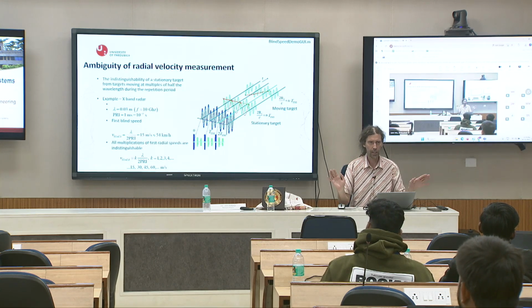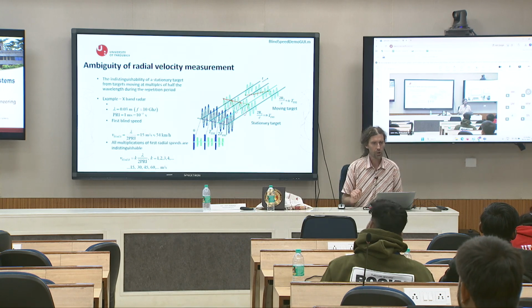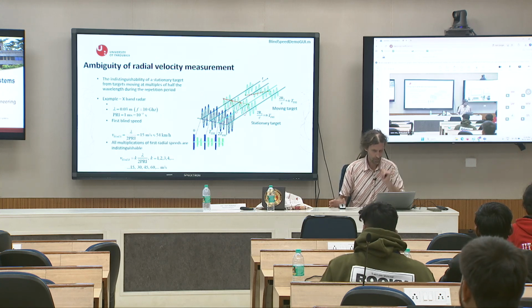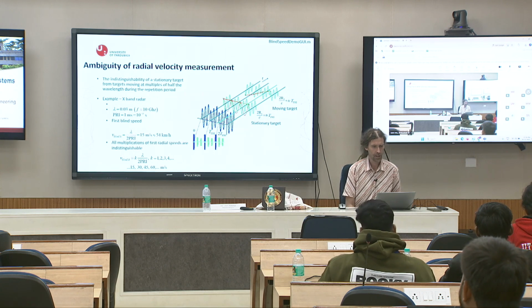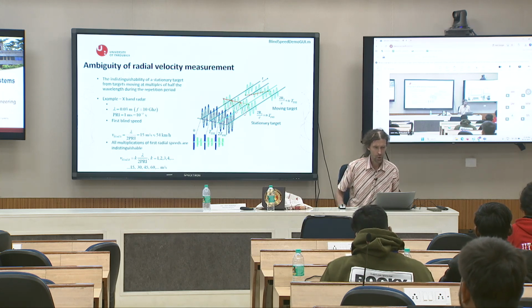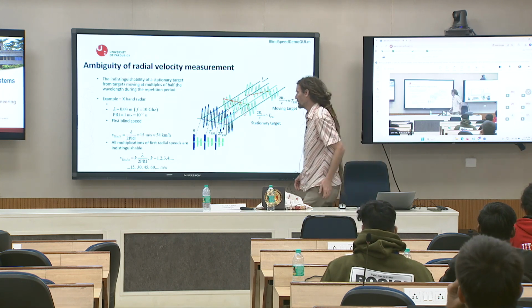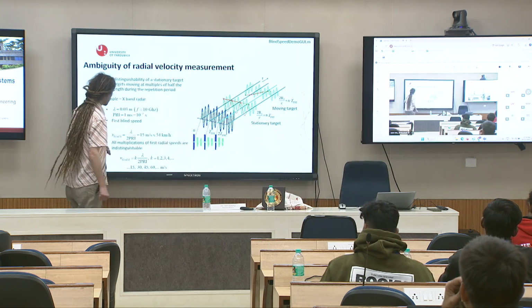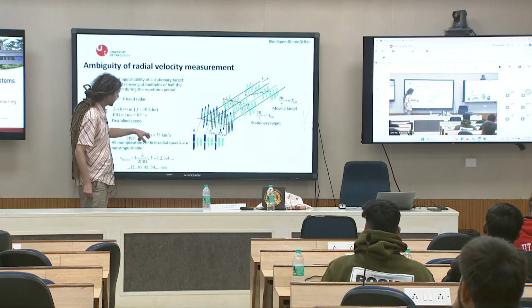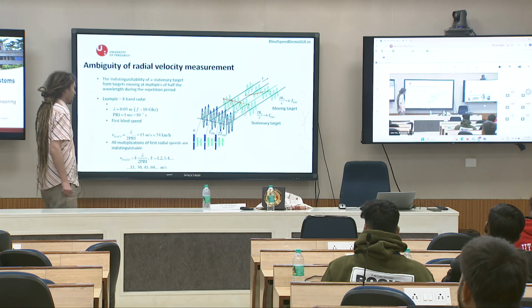Exactly the same works in ambiguity of radial velocity measurement. And why? Because, for example, in this example, if we have carrier frequency 10 gigahertz, wavelength is 3 centimeters, PRI is 1 millisecond. So first blind speed is 15 meters per second, about 54 kilometers per hour.